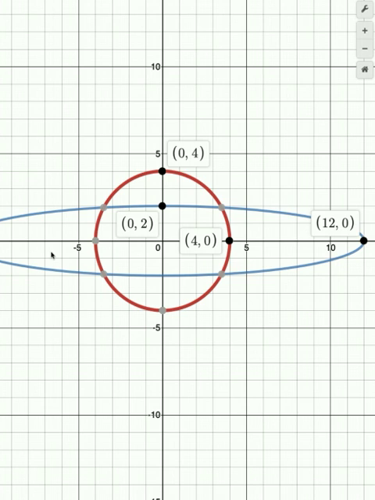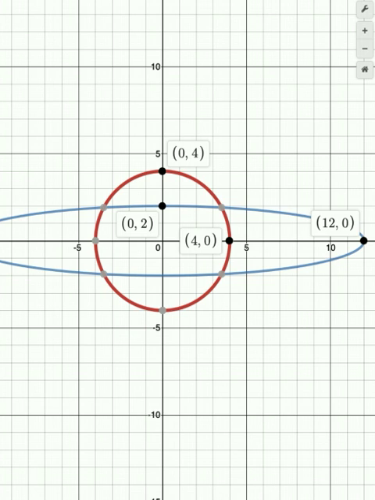Okay, just a quick Desmos graph of the situation. There's the circle we were talking about, x squared plus y squared equals 16. Center is at the origin. The radius is 4, as you can see. Here is my other curve, 1/9 x squared plus 4y squared equals 16, an ellipse actually.